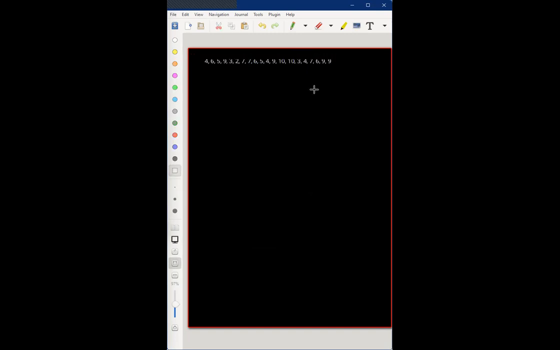These are the values. Find the mode and send it to me on chat. I want the mode.